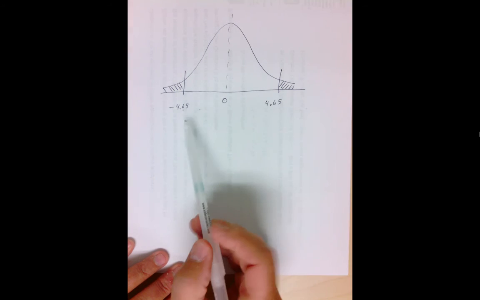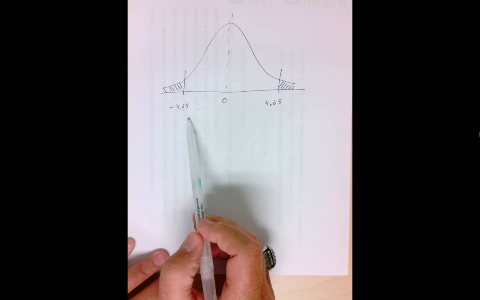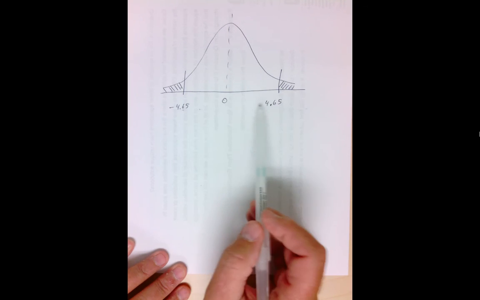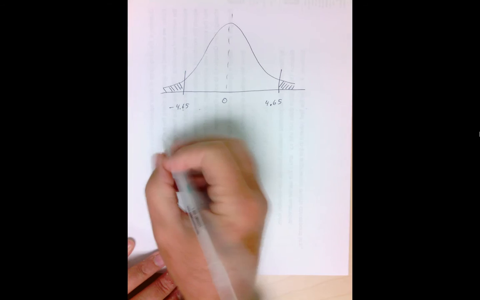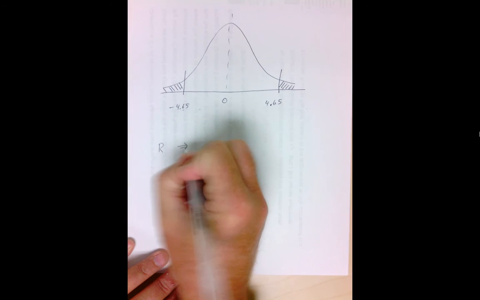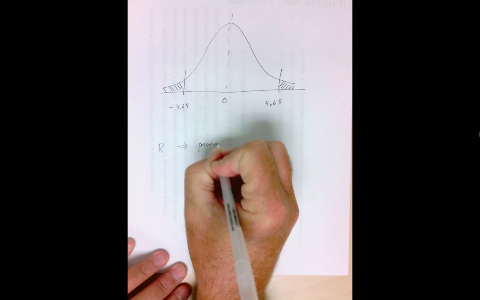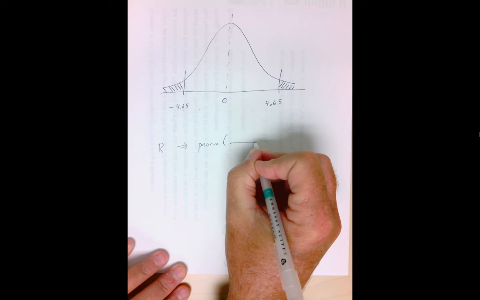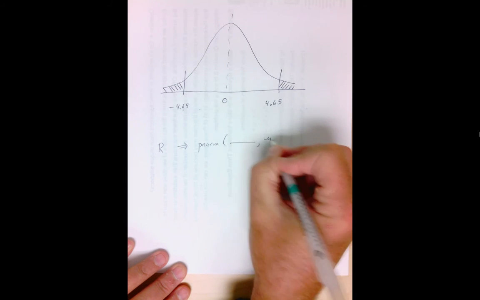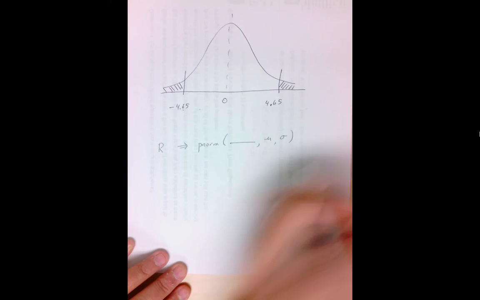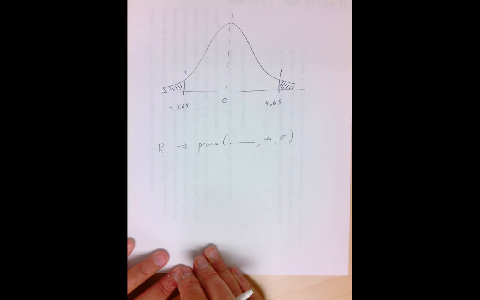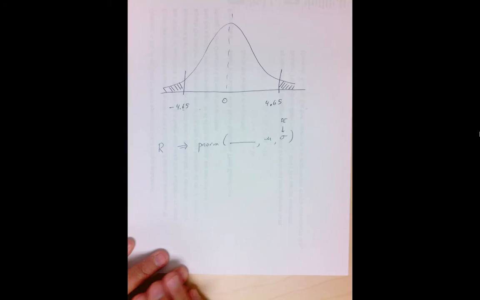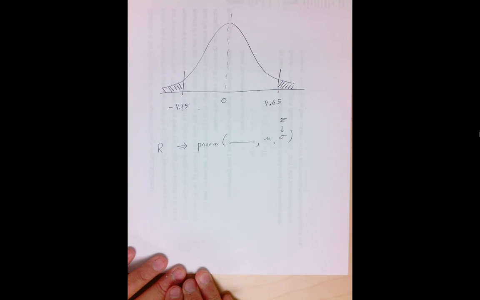Okay? Now, in either situation, we can calculate the p-value here. What we're going to use in R is something called pnorm. It has you put in your test statistic, your mean, and your standard deviation. Since we have a sample size involved, our standard error will go there.